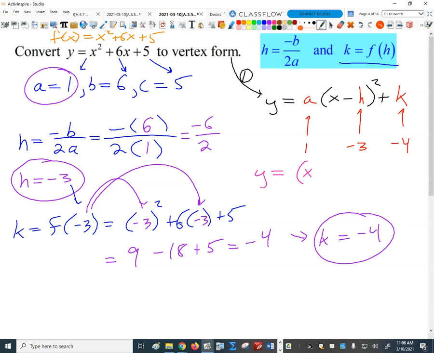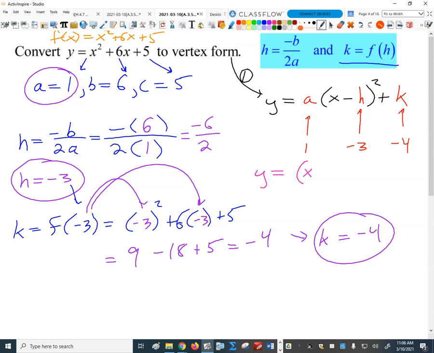Okay, be careful with the signs inside the parentheses, though, right? I'm plugging a negative 3 in for h, and h is being, there you go, good, yeah. h is being subtracted from x inside the parentheses, right? Okay, good stuff, right?